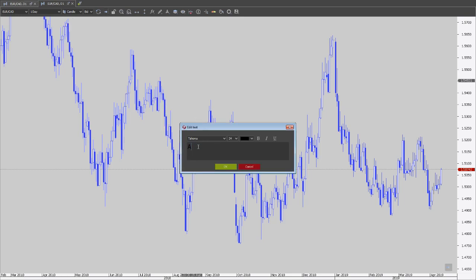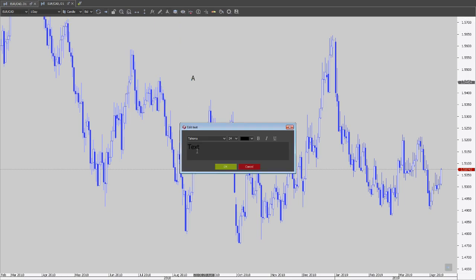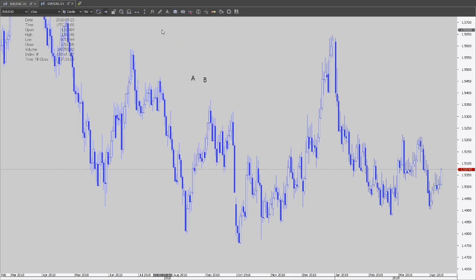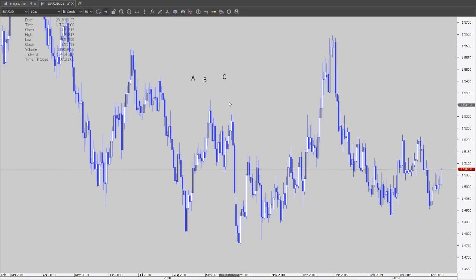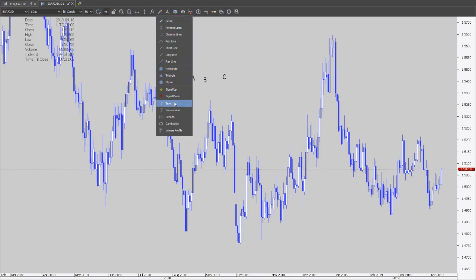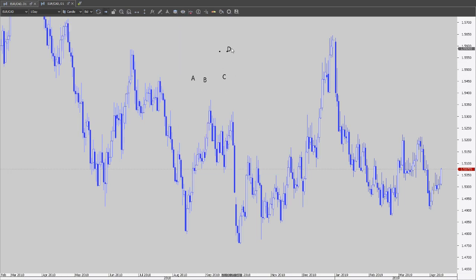The A of the original one, capital A, capital B, then capital C, and capital D.